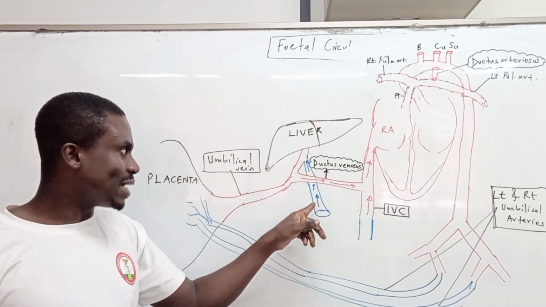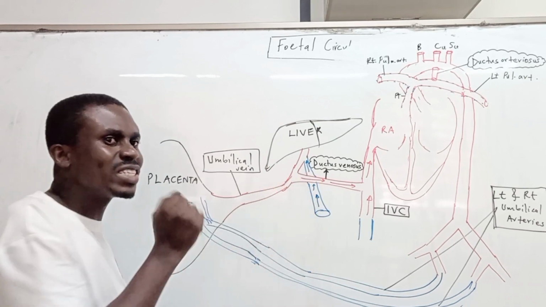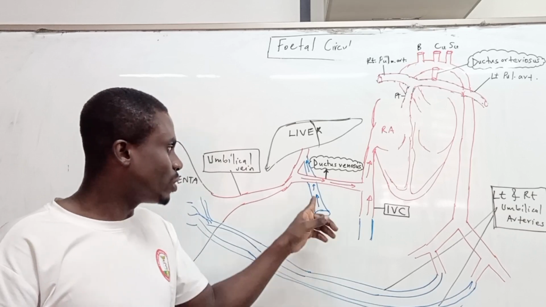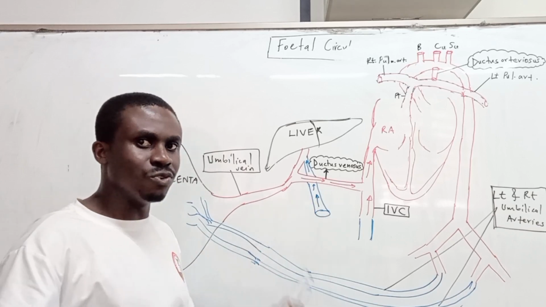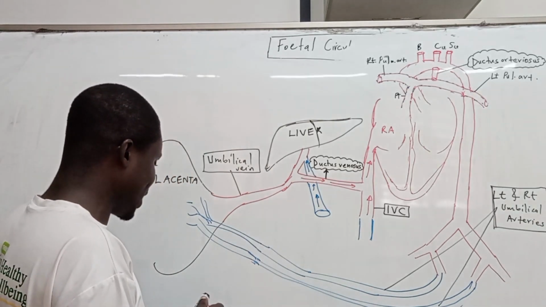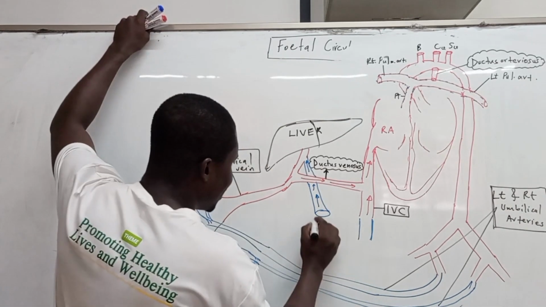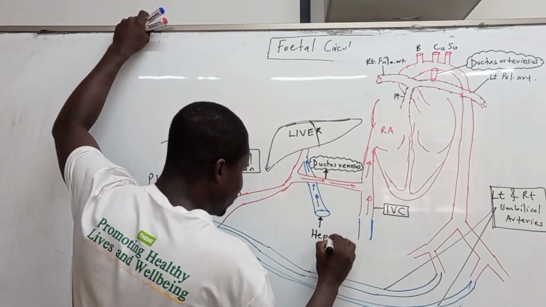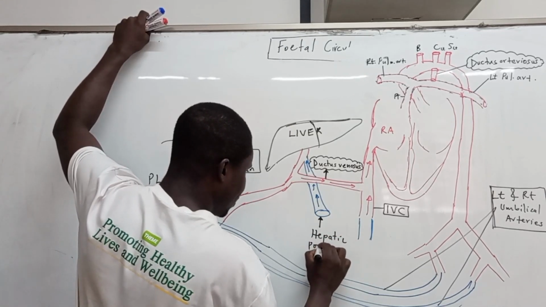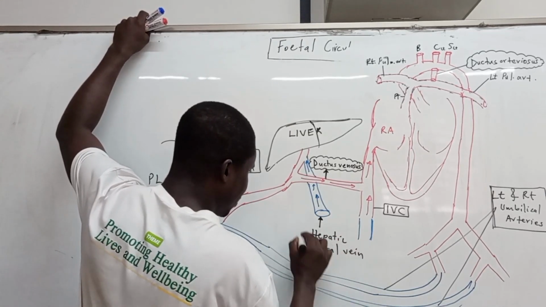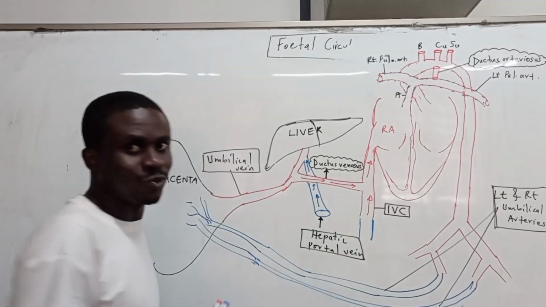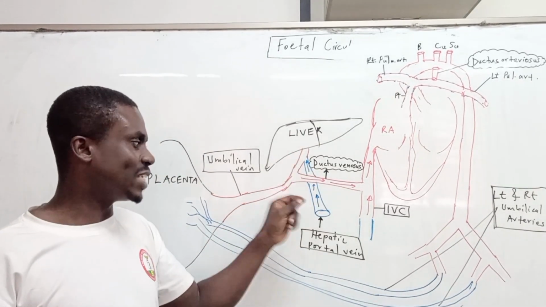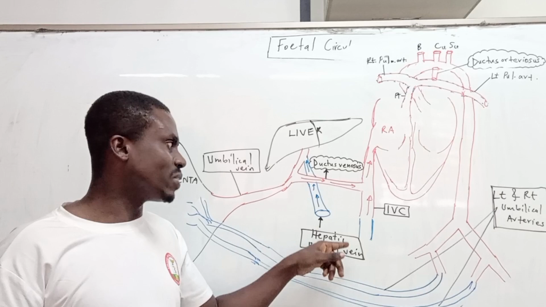This one is carrying oxygen poor blood, but it is carrying nutrient-rich blood. All the nutrients from the intestine and wherever have been absorbed. This is what we call the hepatic portal vein. So the terminal portion of the left umbilical vein is joined by the hepatic portal vein.